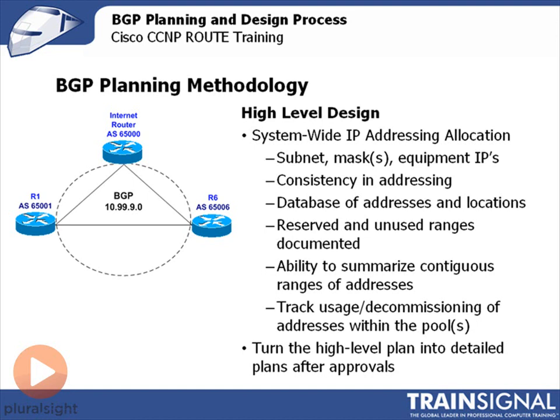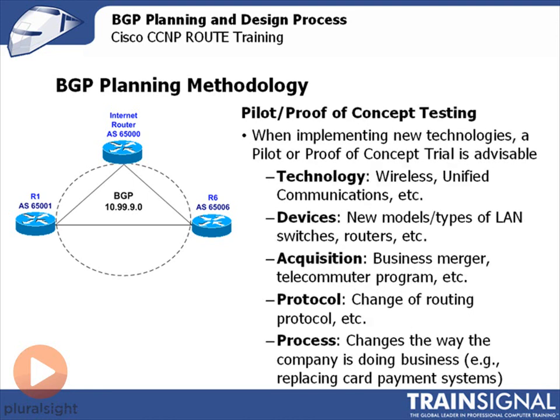For instance, when a customer was putting in an MPLS network, I would usually recommend using a really high address range like 10.254.254, because it'd be so unusual, it'd be very obvious in a routing table. Summarize what you can, track usage and decommissioning of addresses within the pool, and then take that high-level plan and turn it into detailed plans after you get the appropriate approvals.